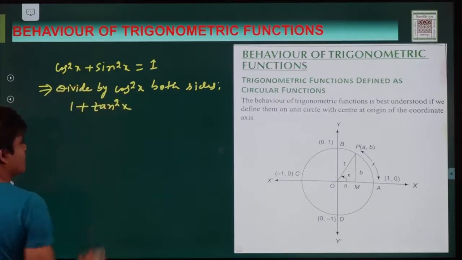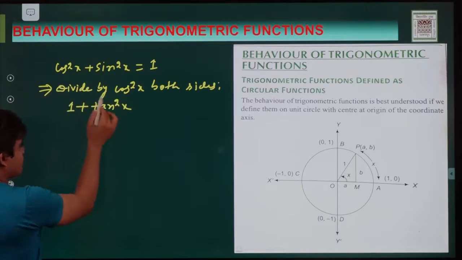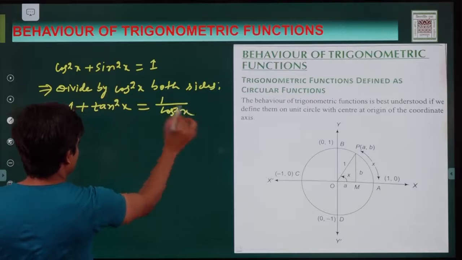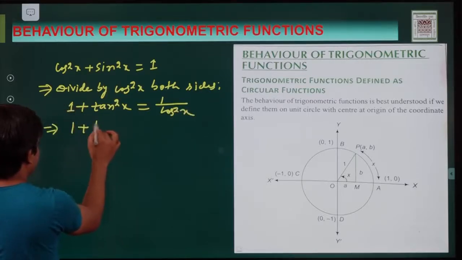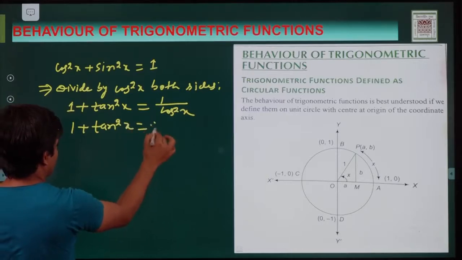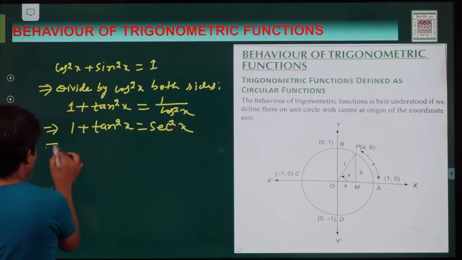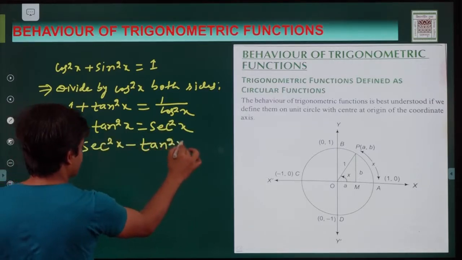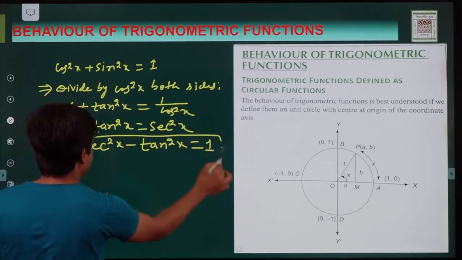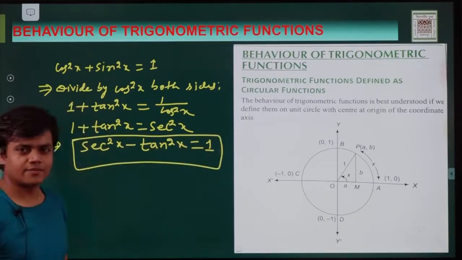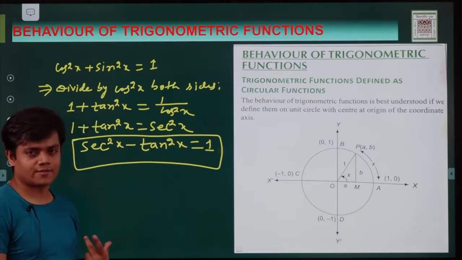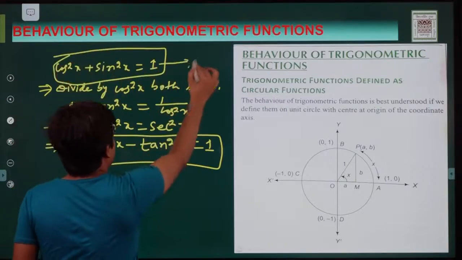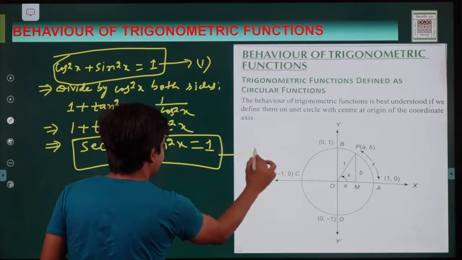Okay, cos square x upon cos square x is 1, and thereafter sin square x upon cos square x is tan square x. So 1 plus tan square x is equal to 1 upon cos square x, which is sec square x. So from here we can say what? Sec square x minus tan square x is equal to 1. This is the second identity. These are identities, means this is true for any value of x. Okay, so this is your first identity that should be remembered, and this is your second identity.